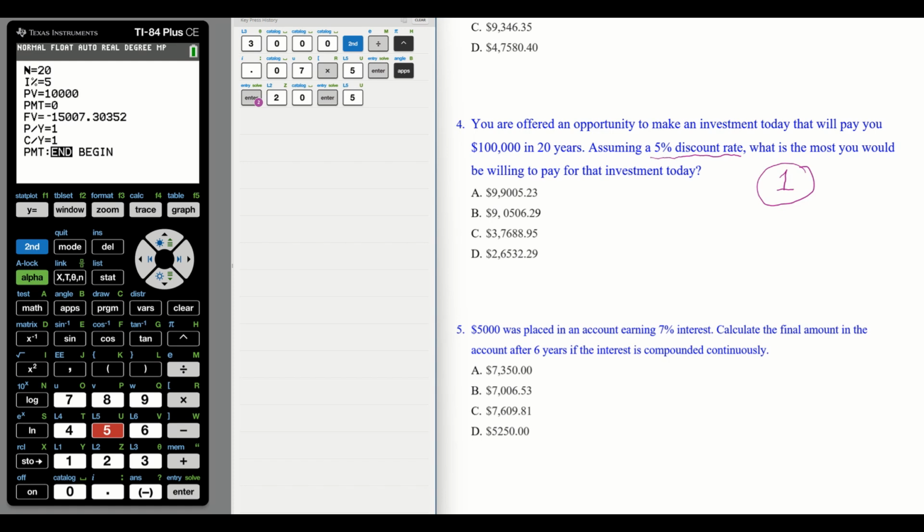Just push the button. Okay, so now what is going on? We will need to enter again, and we don't have a present value. That's why I said what's going on, because you've got an ending at the end of 20 years, but we're worried about the beginning payment.